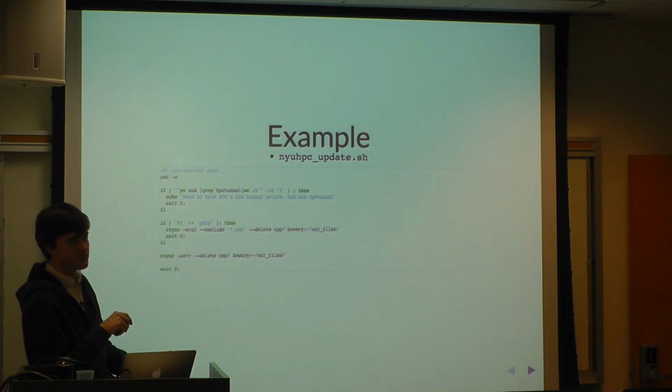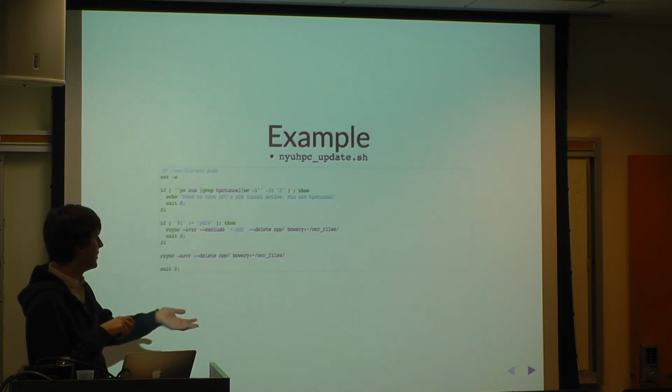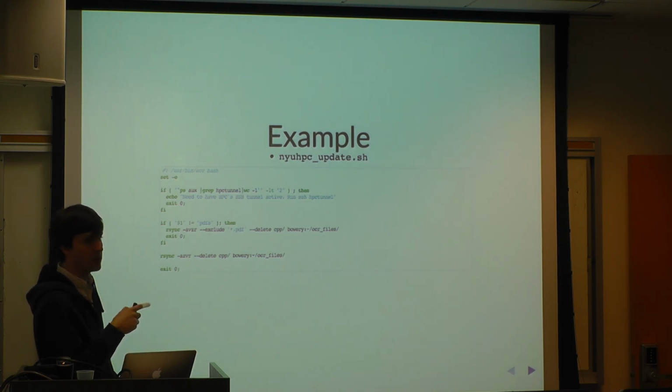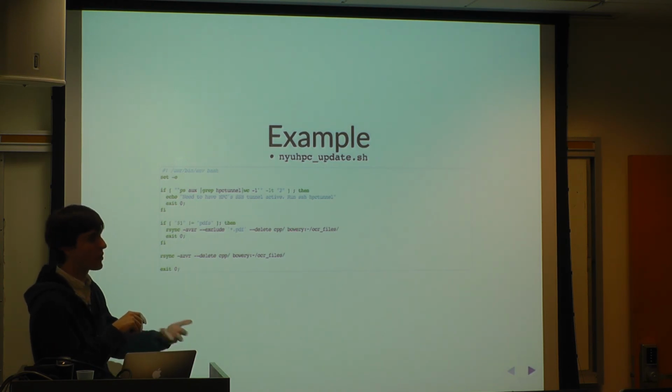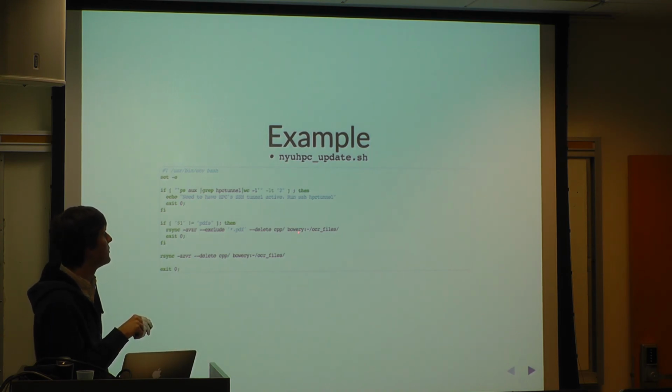In the next section, we'll talk about host names and stuff, but we have a host name set for the Bowery cluster. And so what we do is we save the stuff that's in CPP to within the directory OCR files, which is in my home directory.